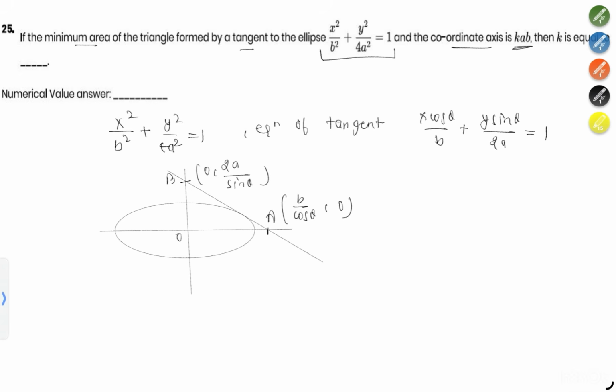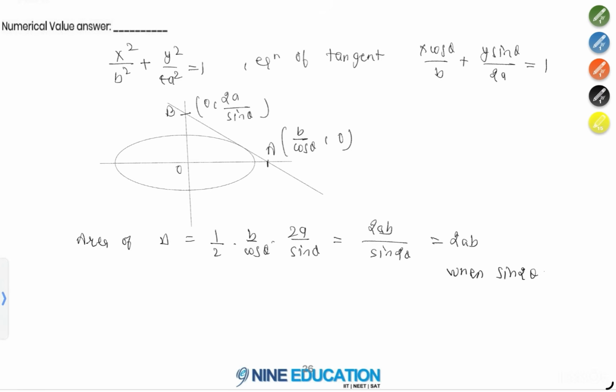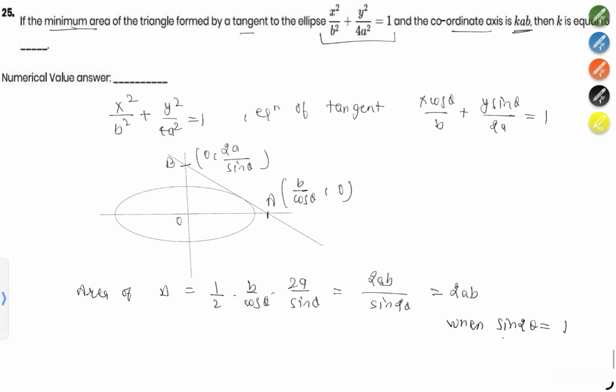This is O, A, and B. So the area of the triangle will be equal to half times b by cos theta into 2a by sine theta, which is 2ab by sine 2 theta. Sorry, the minimum value of this is 2ab when sine 2 theta is equal to 1, that is the maximum value of sine 2 theta that we got. Therefore, the value of k has to be equal to 2.